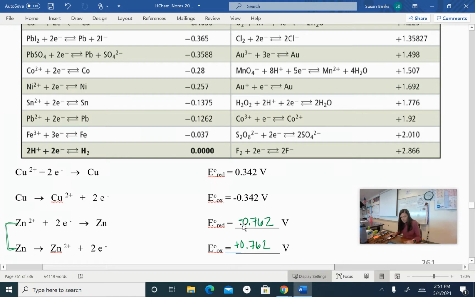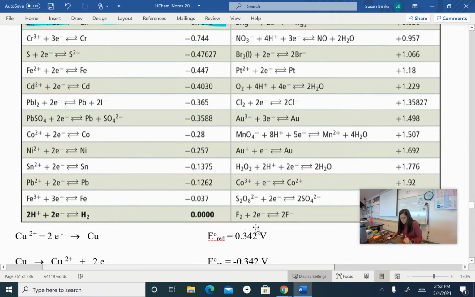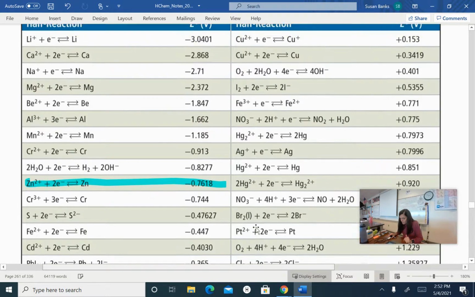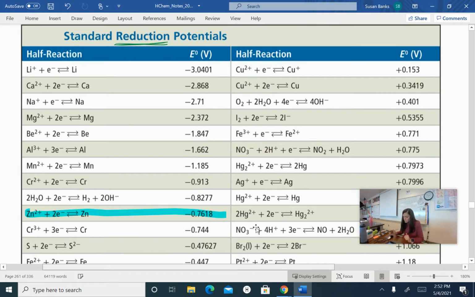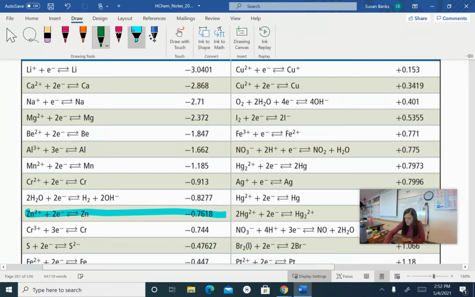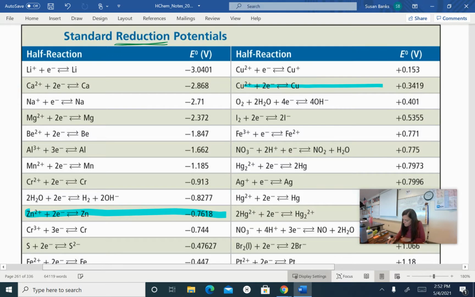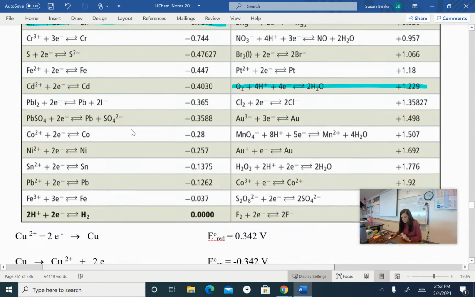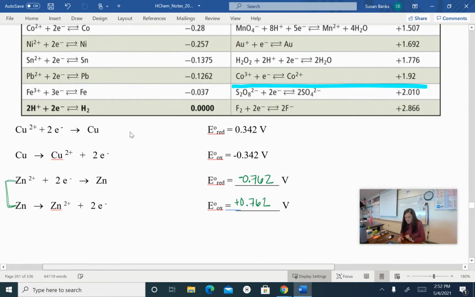Okay, let's look for copper +2 on this. Do you guys see it on here? It's the second from the top. Okay, so copper +2 plus 2 electrons is positive 0.342.